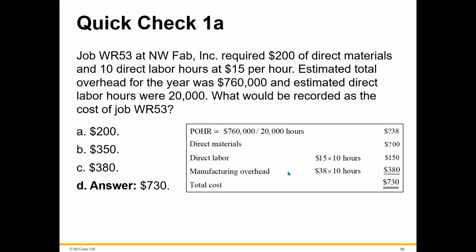So allocated overhead is 380, plus the material 200 and direct labor 150. So the total cost for the job WR53 is $730. So this is a really simple and straightforward job order costing system.